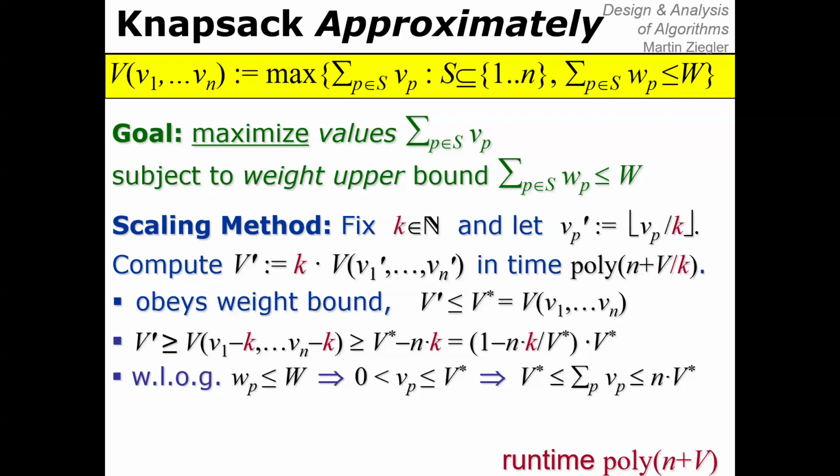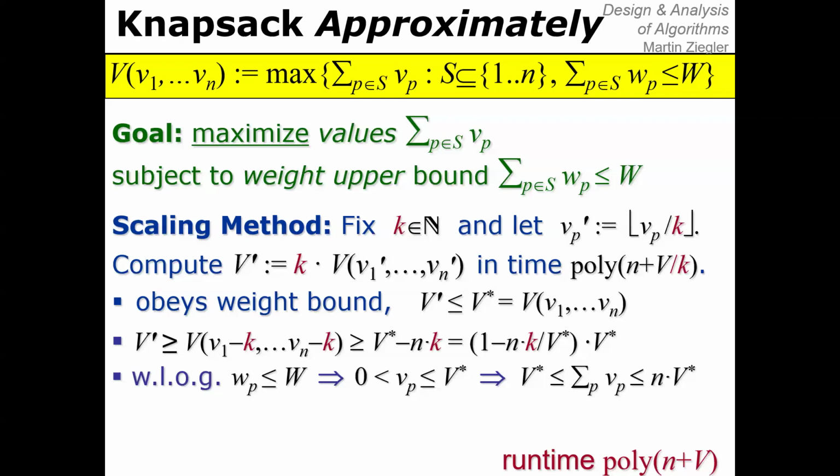And that means the optimal value will be at least the maximum value of all the packets. We can always put in the packet with largest value because we've already discarded all packets which would not fit in even singly into the knapsack. And that means that we have these bounds on the unknown optimal value.